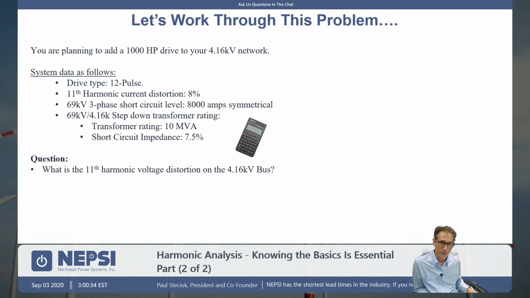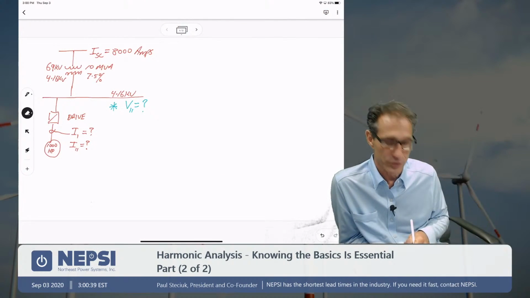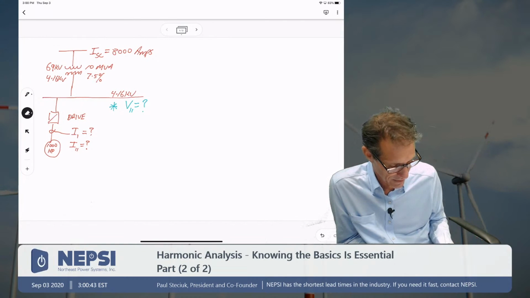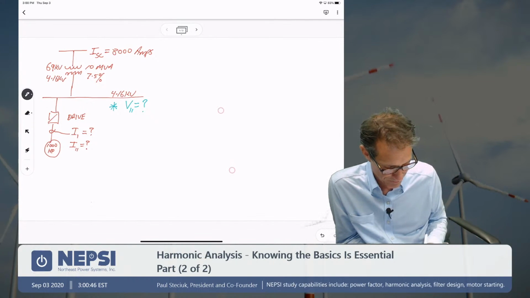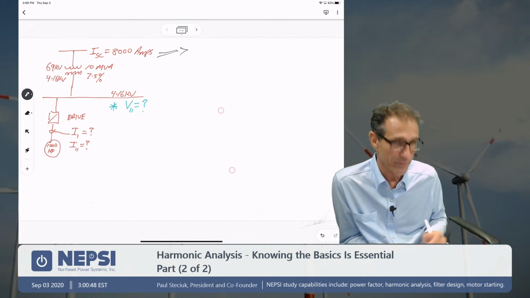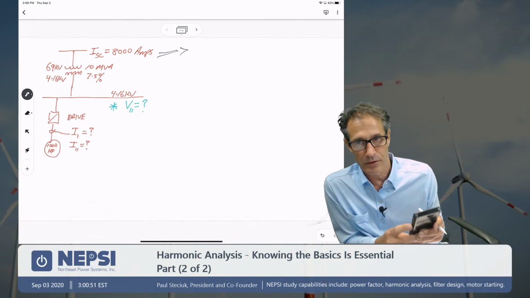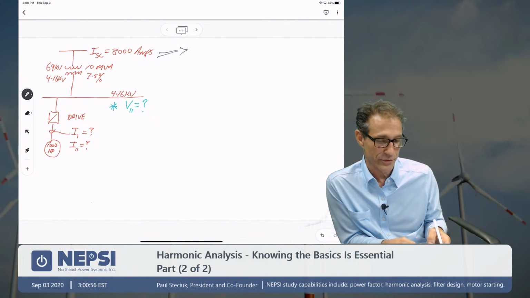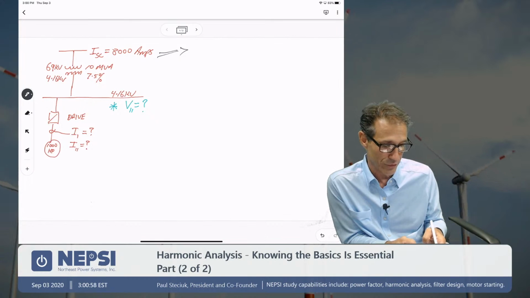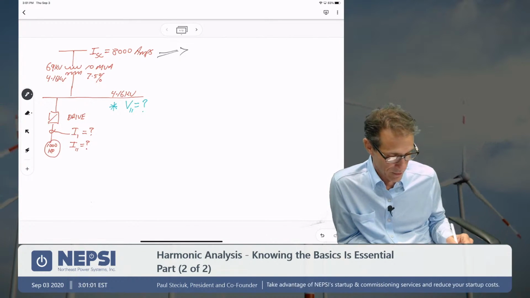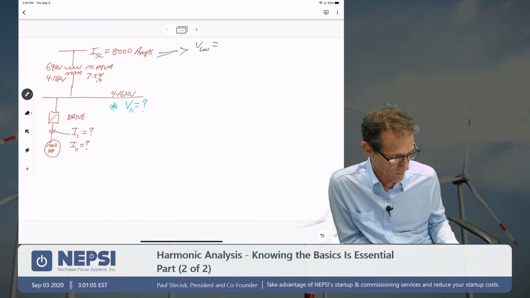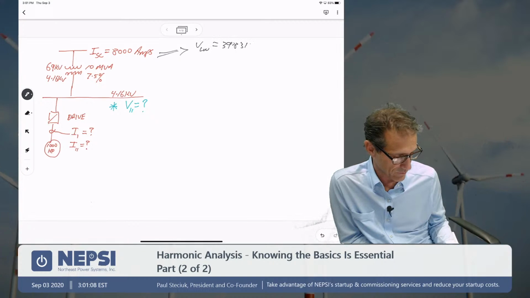So I'll just walk through how I would approach this problem on paper. The one thing you have is an I short circuit of 8,000 amps. So in this case, I would say, well, what is that impedance? 69 kV is a line-to-line voltage, so I'll take 69 divided by the square root of 3 to get line to neutral, and that would be 39.83 kV.